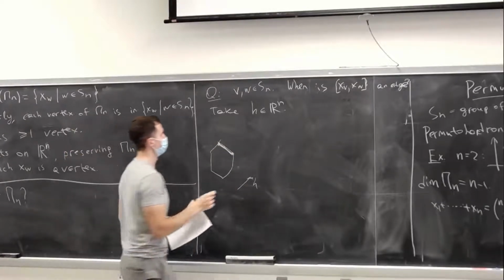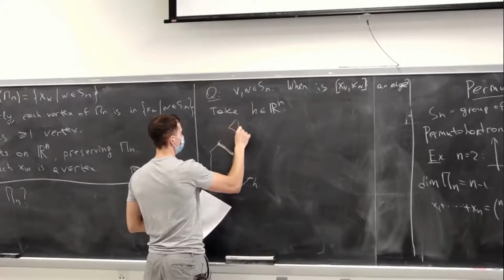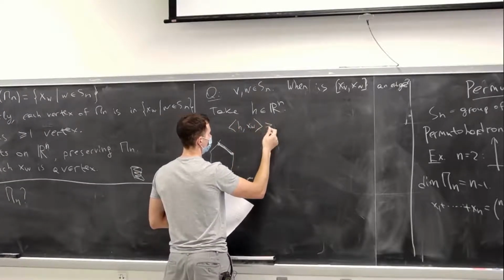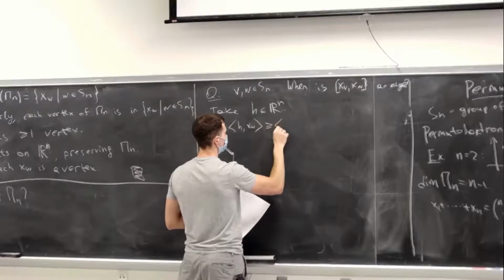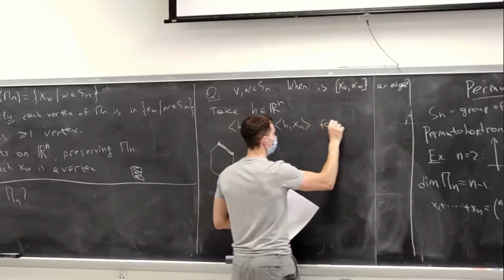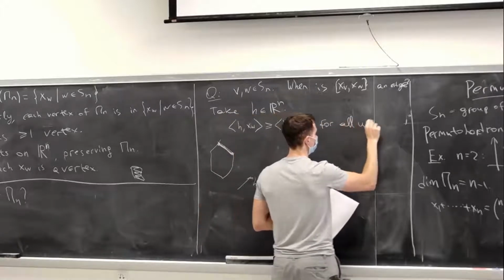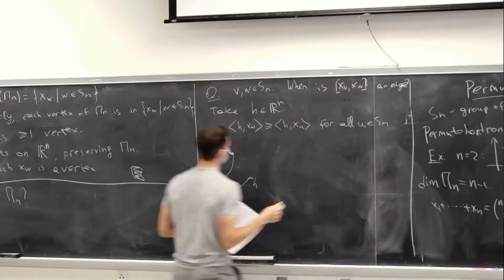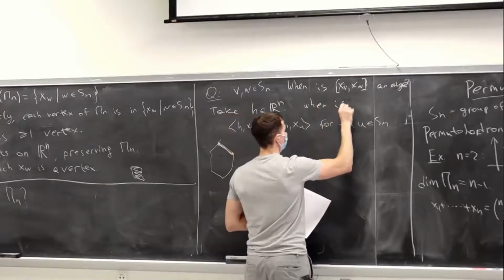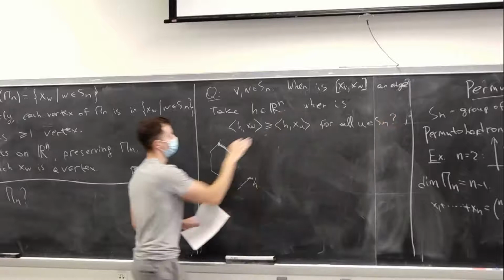So I would like to find a condition so that h dotted with xw is bigger than h dotted with xu for all u. The question is, when is this true?